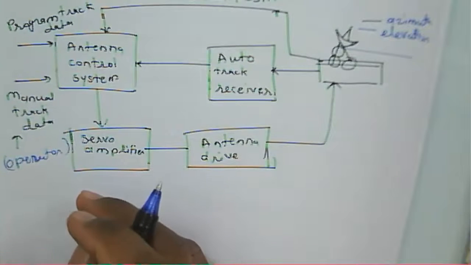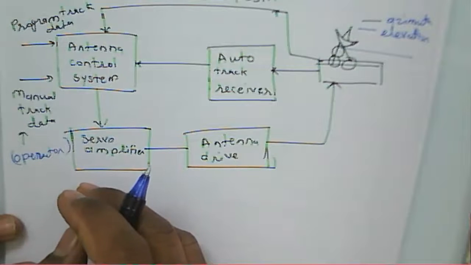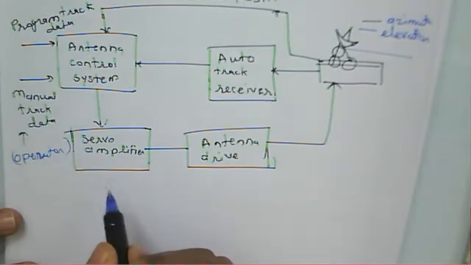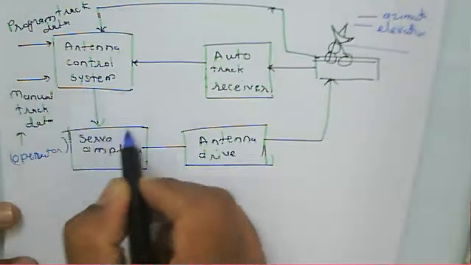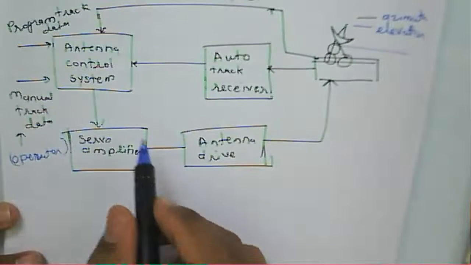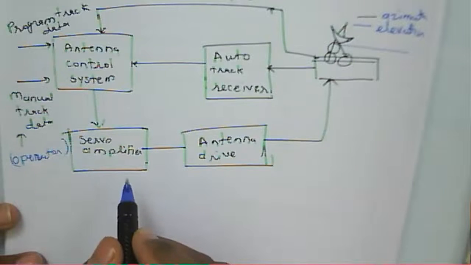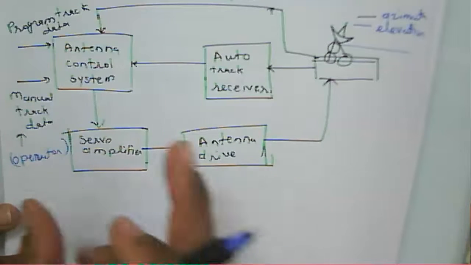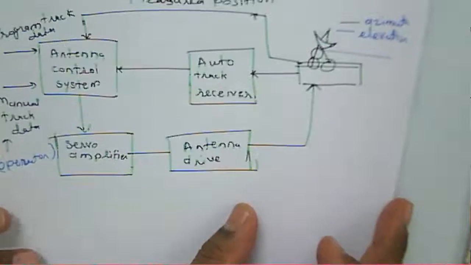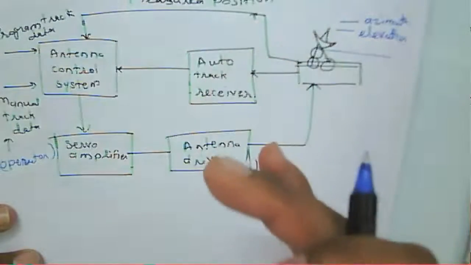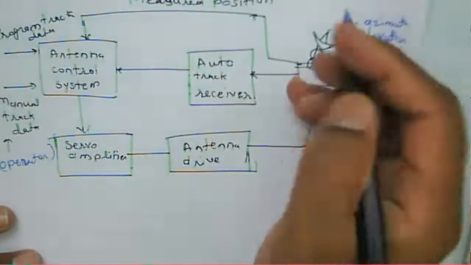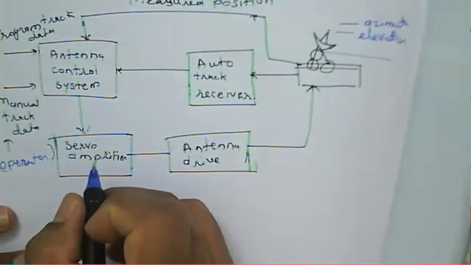So we can say the antenna control system unit drives the motor through the servo amplifier, and then the antenna will move in the desired direction according to the input value given, that is azimuth and elevation.